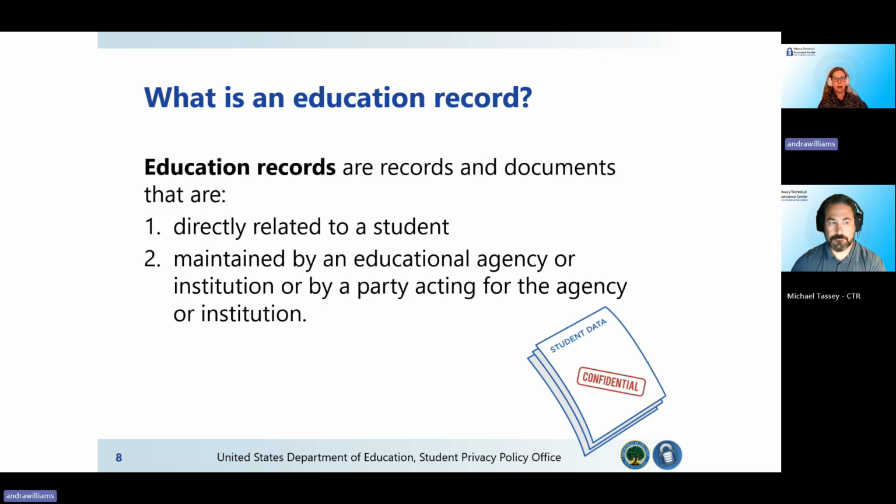As with any privacy law, understanding the definitions in FERPA is going to help you understand how and when FERPA may apply. So let's start with this term, education records. Education records are broadly defined to mean those records that are directly related to a student and maintained by an educational agency or institution or by a party acting on their behalf.